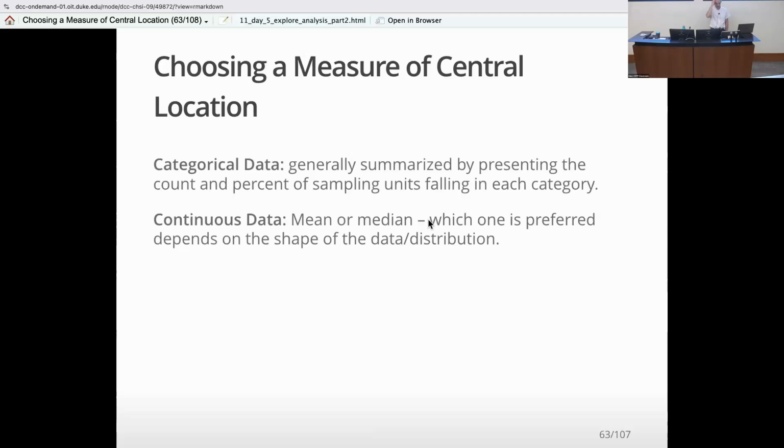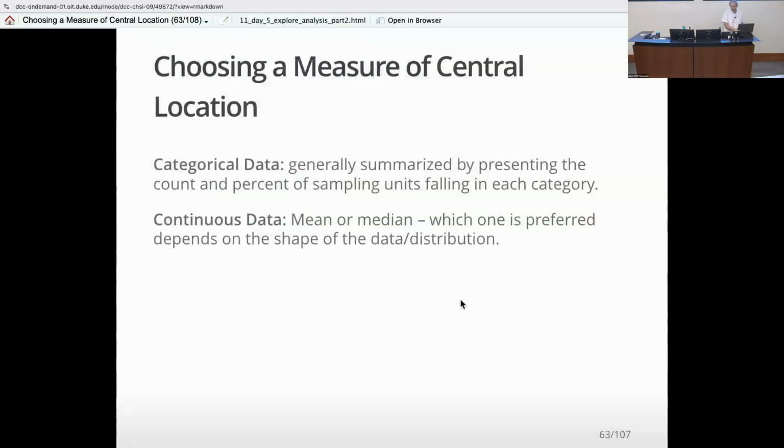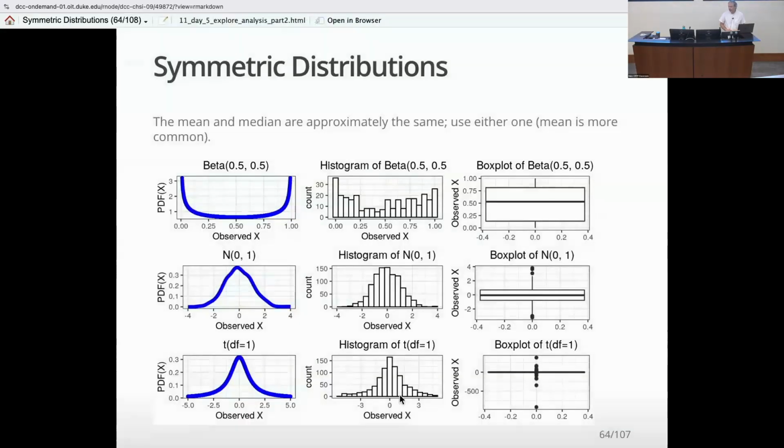Sometimes it makes sense to use the mode. Sometimes it doesn't make any sense to use a measure of central location for categorical data. And then, for continuous data, let's look at a couple examples to show you when mean makes sense and when it doesn't, and when median makes sense.